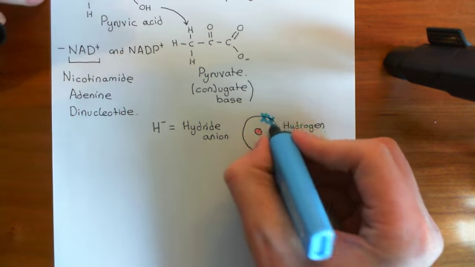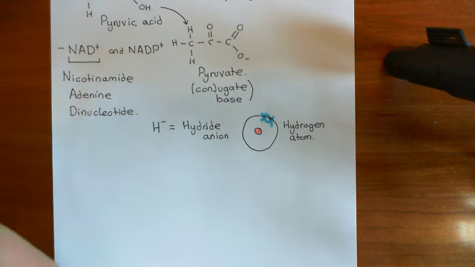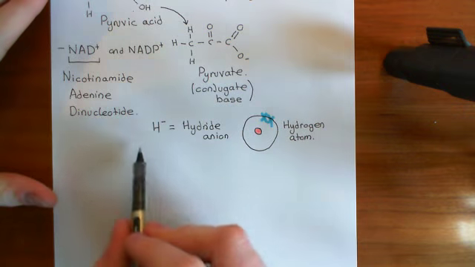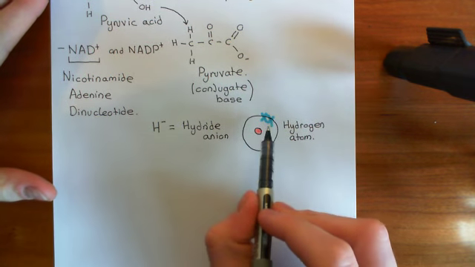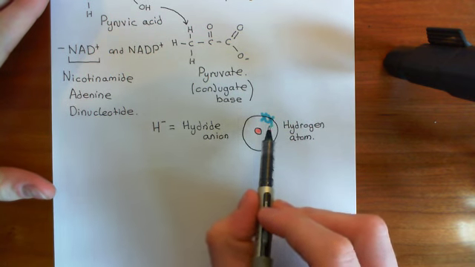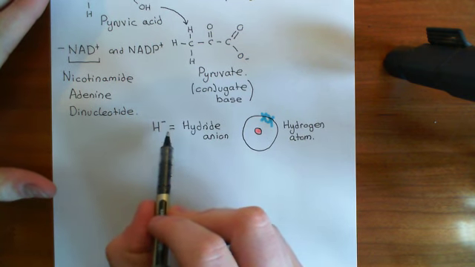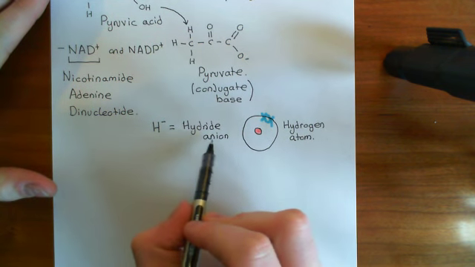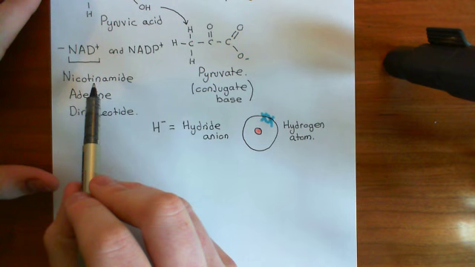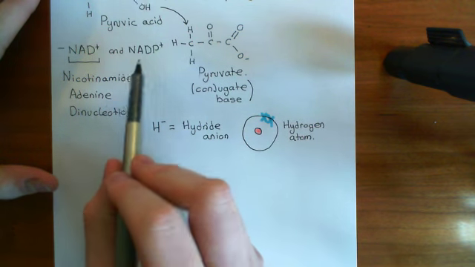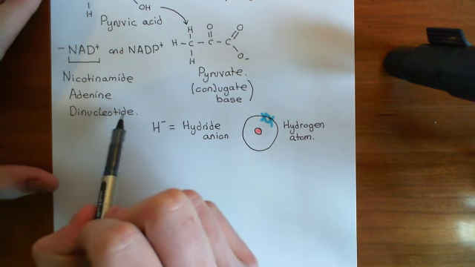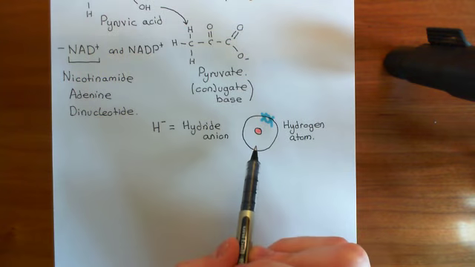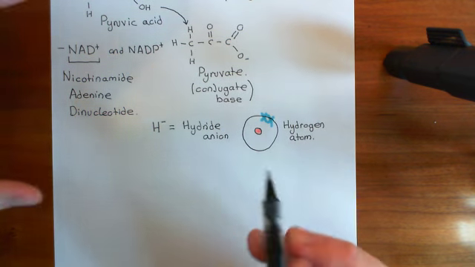So we'll put another electron there, and that will create what's known as a hydride anion. So when you give a hydrogen atom another electron, you give it a negative charge, and that's called a hydride anion. So basically, nicotinamide adenine dinucleotide and nicotinamide adenine dinucleotide phosphate can accept these hydride anions.